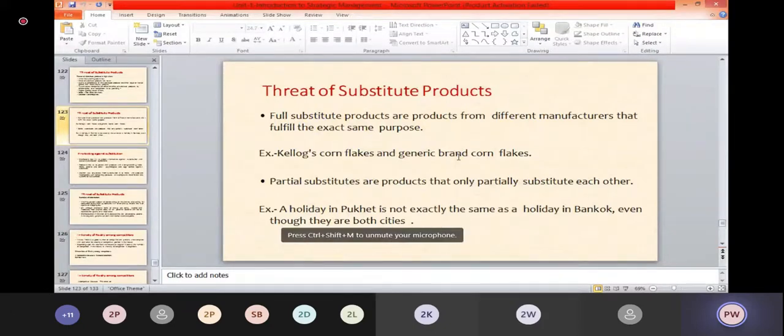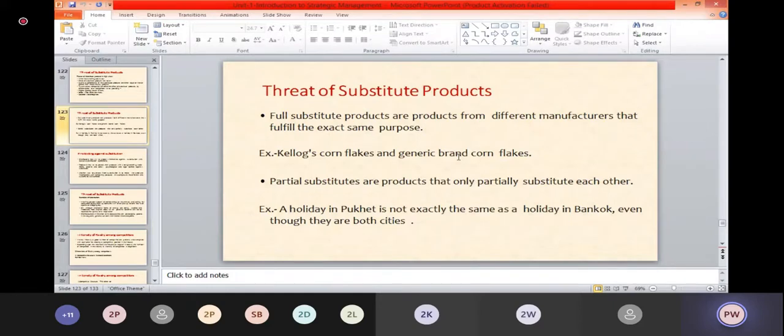So for example, a holiday in Phuket is not exactly the same as a holiday in Bangkok, even though they are both cities. Even if both are cities, they will not give you the same type of experience. However, if one is not available, another can be taken if the customer desires to enjoy his vacation.